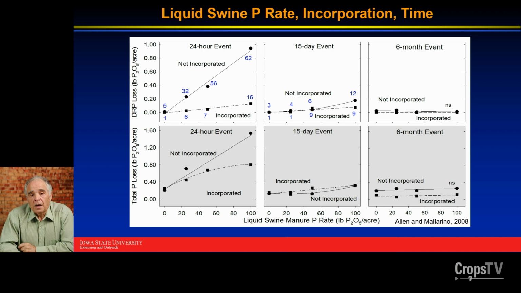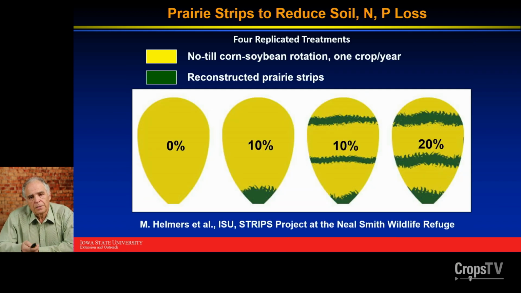But I don't think that they ever studied this effect of how the timing to the runoff event can affect that, and that's something that sometimes can be controlled. For example, application in the fall, the runoff is less likely in the fall in Iowa, okay, and probably Illinois, than it is in some of these other states.